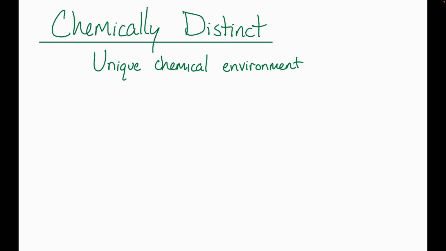Okay, so I think it's easiest to see this by analogy. Let's take a simple example. We're going to take pentane. All right, we have a 5-carbon chain here. Not all 5 of these carbons are chemically distinct.